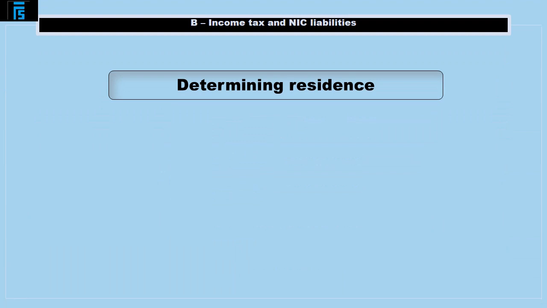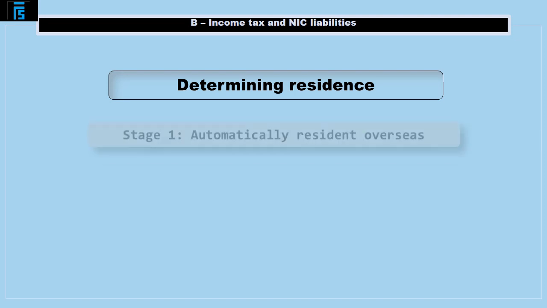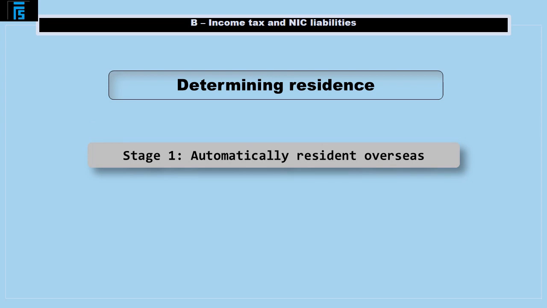There are three possible stages to determining whether an individual is UK resident or not, which are worked through in a specific order. Stage 1 is to consider whether that individual is automatically resident overseas.